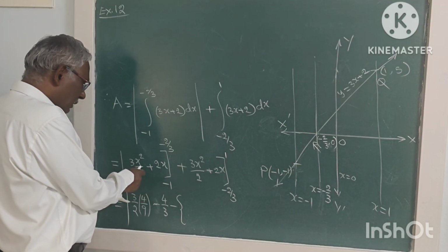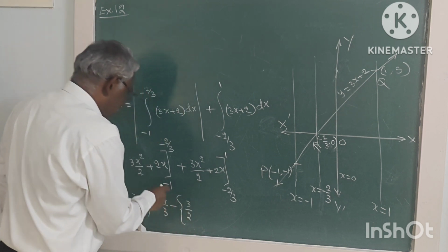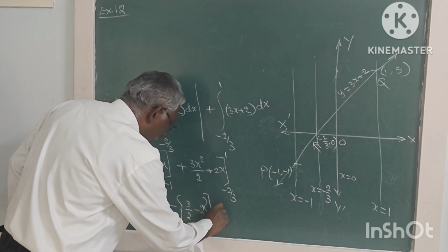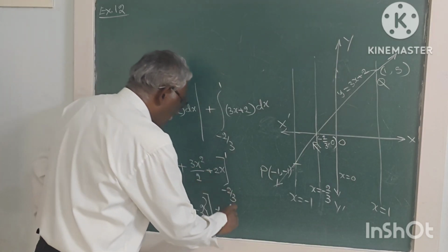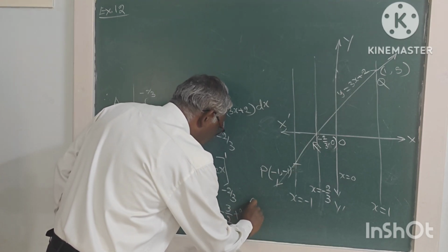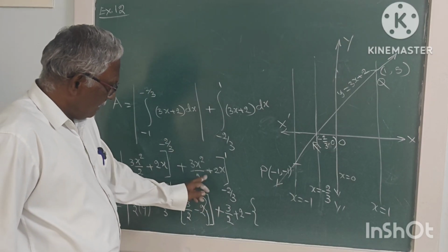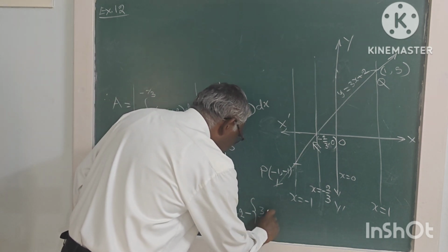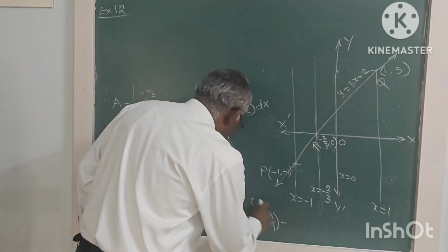X is minus 1, x square is 1, so it will be 3 by 2 minus 2, plus, for x substitute upper limit 1. So 3 by 2 plus 2, minus, for x will substitute minus 2 by 3. So 3 by 2 into 4 by 9, then minus 4 by 3.